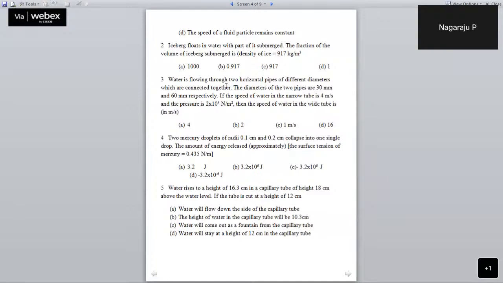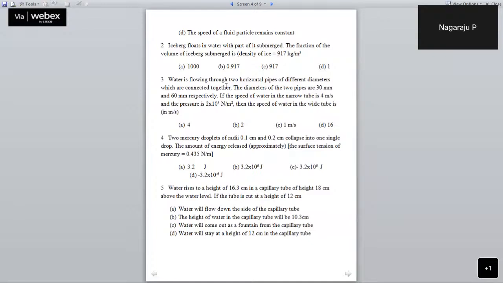We assume that they are droplets which are spherical in shape. And therefore, 4 by 3 pi r1 cube plus 4 by 3 pi r2 cube equals 4 by 3 pi R cube, capital R cube. That is actually the radius of the single large drop.